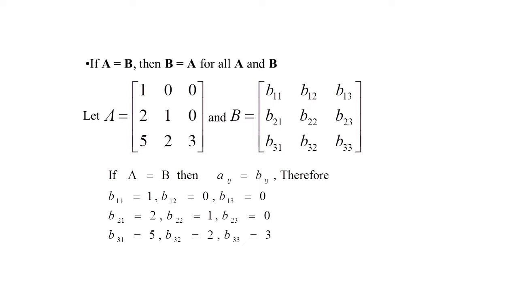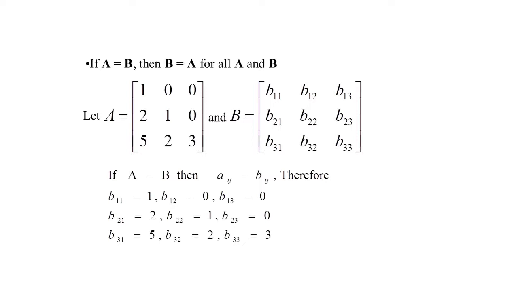Let A be 1 0 0 2 1 0 5 2 3 and B be B11 B12 B13 B21 B22 B23 B31 B32 B33. Here we have two matrices A and B. The order of A is 3 cross 3 and the order of B is also 3 cross 3.